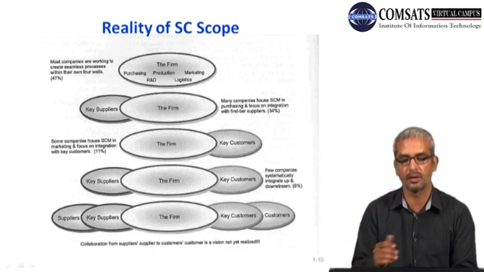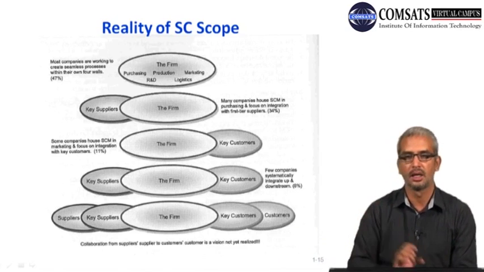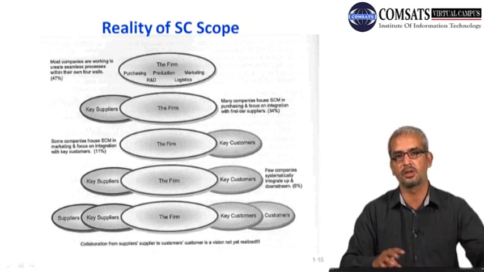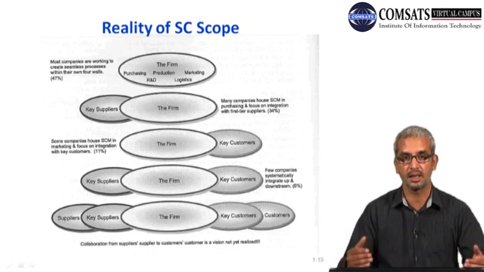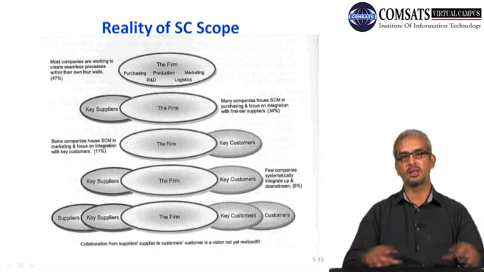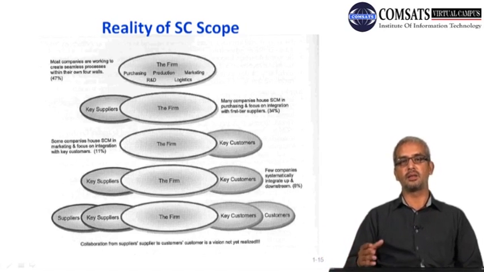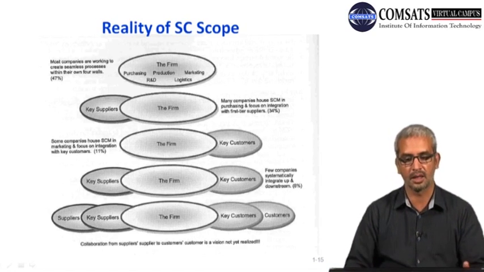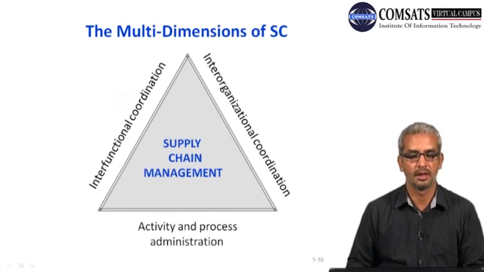Around 11% of the firms are focusing on integrating their marketing activities with their key customers, and only 8% of firms are integrating upstream and downstream with their customers and with their key suppliers. And then the third phase, where the operations are integrated with your customers, marketing activities are integrated with customers, and your supply activities are integrated with your suppliers. That is still sort of a dream. I mean, that is very difficult to achieve.